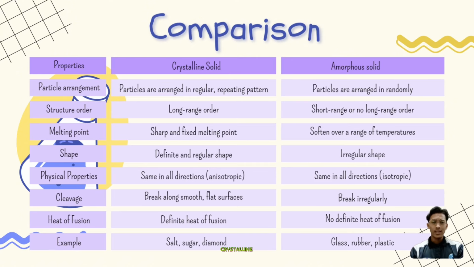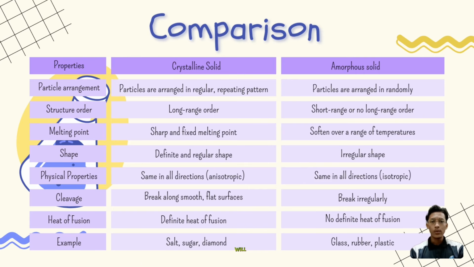The shape of crystalline solids is definite and regular, while amorphous solids have an irregular shape. Both crystalline and amorphous solids can have physical properties that are the same in all directions, but the difference is that crystalline solids are anisotropic, while amorphous solids are isotropic.